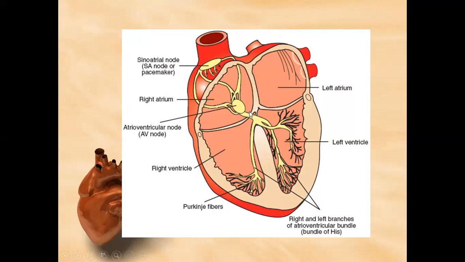The atrioventricular node is just a collection spot where we can collect that impulse and then send it down the bundle of His. The bundle of His's job is to unequally distribute the electricity, because I need more to go to the left side than the right side. And then my Purkinje fibers deliver it to the muscle, causing it to contract.